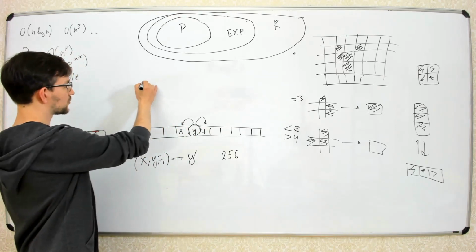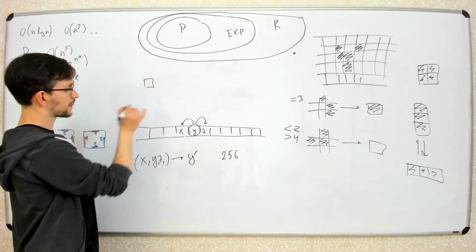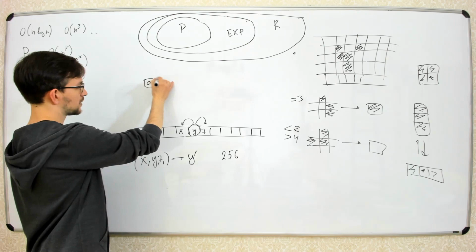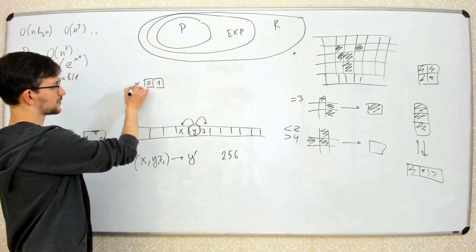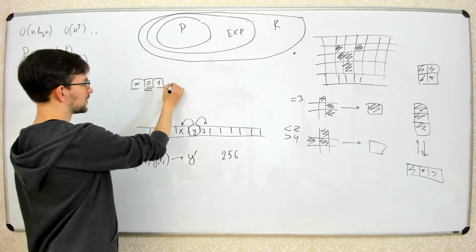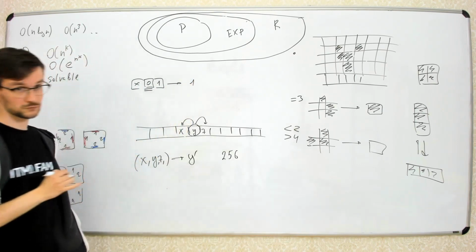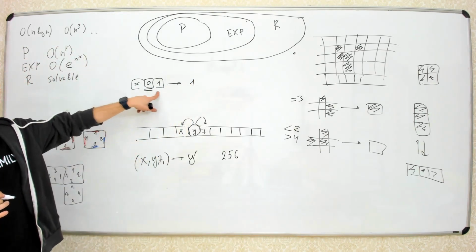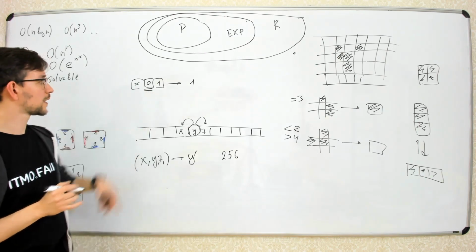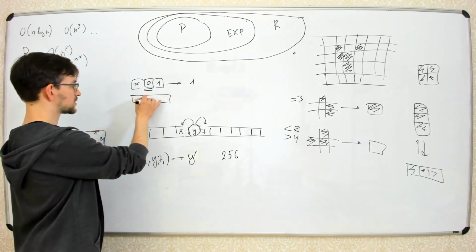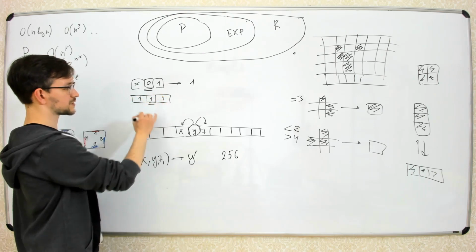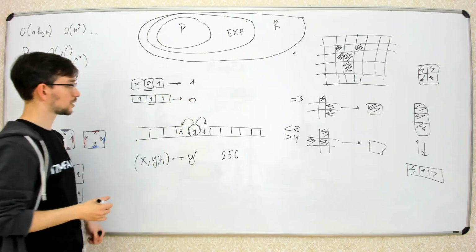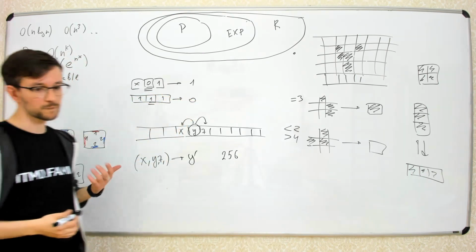For example, if a cell is dead and the cell to the right is alive, then this cell becomes alive. And if this cell is alive and both neighboring cells are alive, then it becomes dead. Yeah, that's all. Very simple rules.